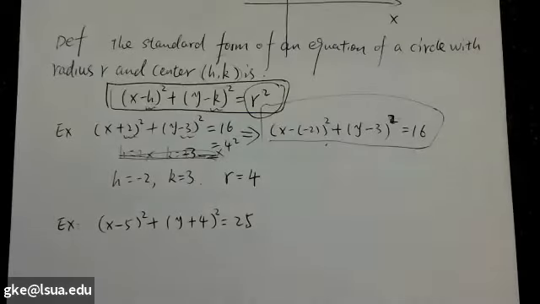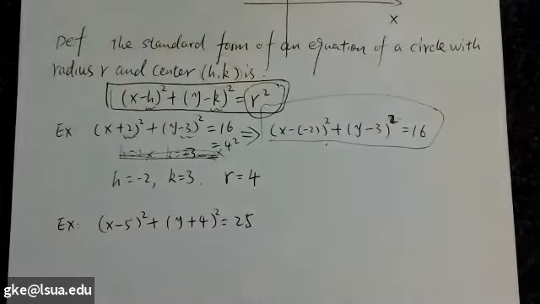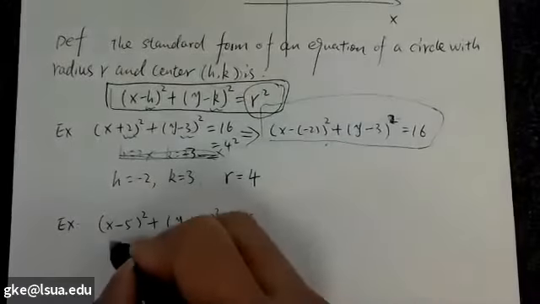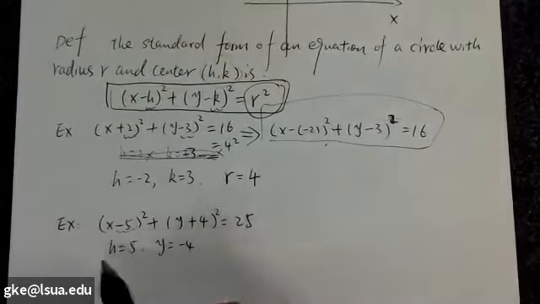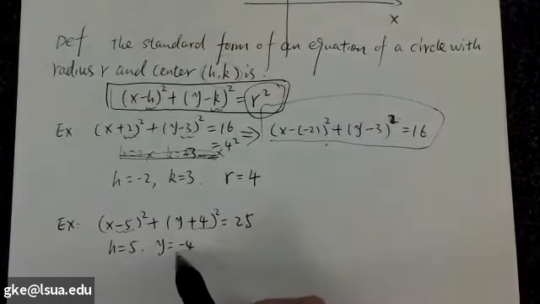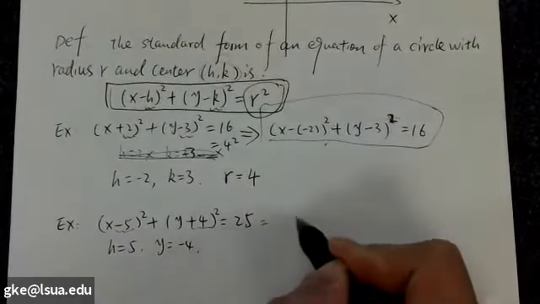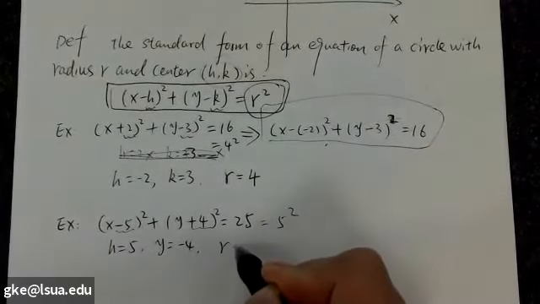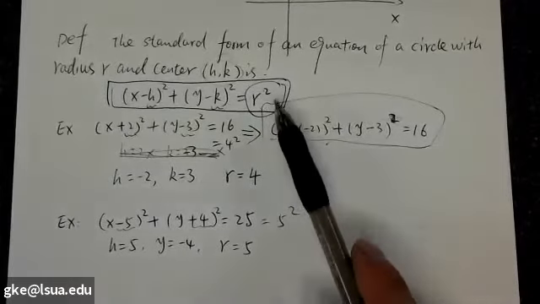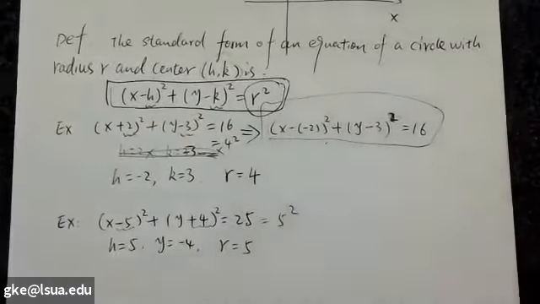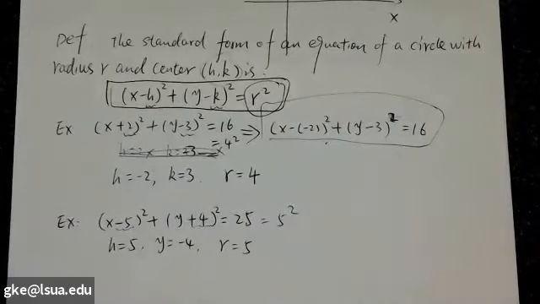H is 5, K is negative 4, and R is 5. Yeah, that's right. Good job. So for this one, H equals 5, K equals negative 4, because here it's negative 5, so it's 5. It's plus 4, so negative 4. R, be careful, it's 5 squared. R equals 5. I already told you, it should be R squared, right? So don't give me the 25. Okay, now let's continue.